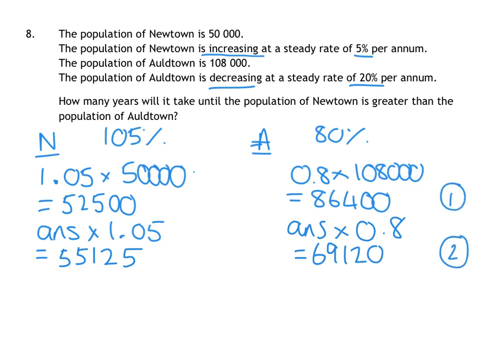Getting a bit closer. Let's do our answer here times 1.05, which gives you 57881.25.